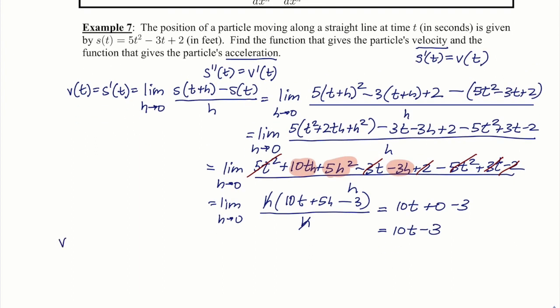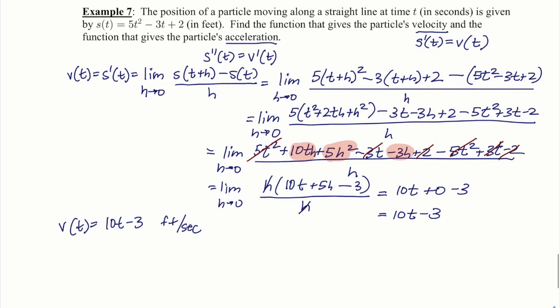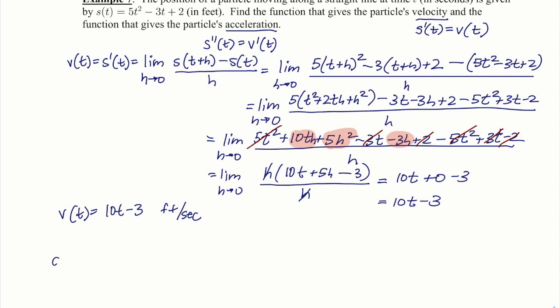So I find that my velocity function is 10t minus 3, and that would be feet per second, since our output for the original was feet and the input was seconds. And the last thing we're asked to do is find the acceleration, which is the derivative of v, which is also the second derivative of s.